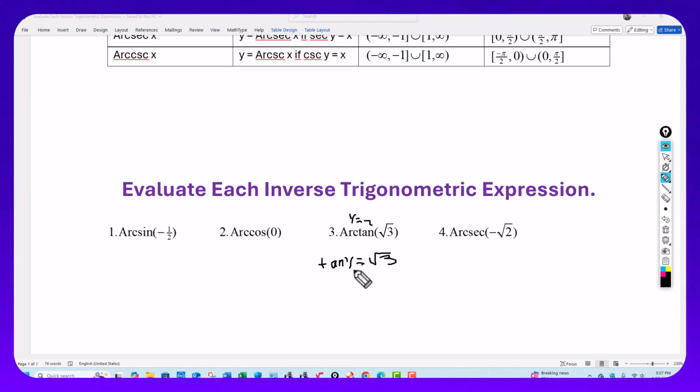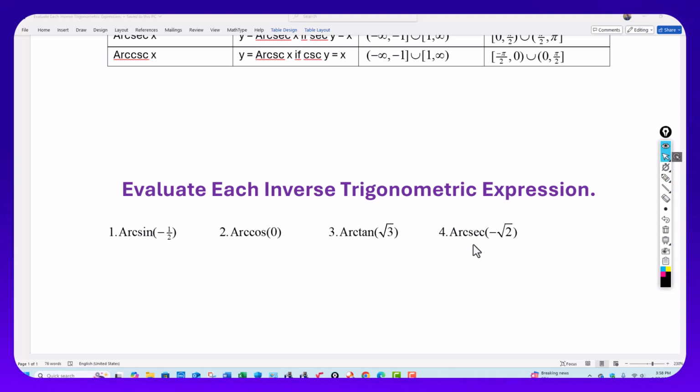So what angle between -π/2 and π/2 has a tangent of square root of 3? Now you can use degrees here to get the answer, and then just put it in radians. This would be 60 degrees or π/3. So the tangent of π/3, or 60 degrees, is square root of 3.